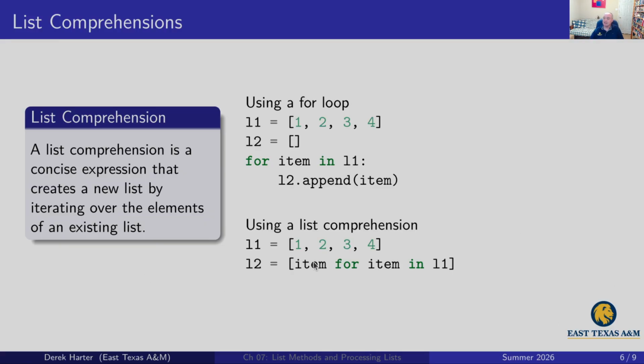So it's really like a syntactic shorthand for a for loop, right? So here's the same way of copying a list I showed before. We start with an empty list and just append the items. Another way of copying a list is to use a list comprehension, like this.